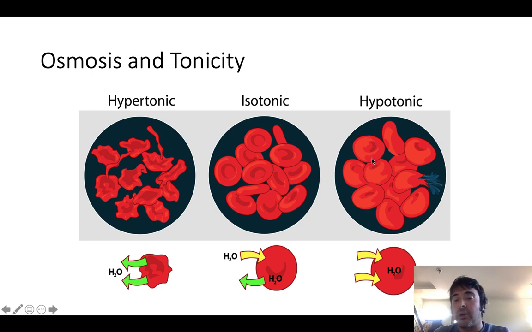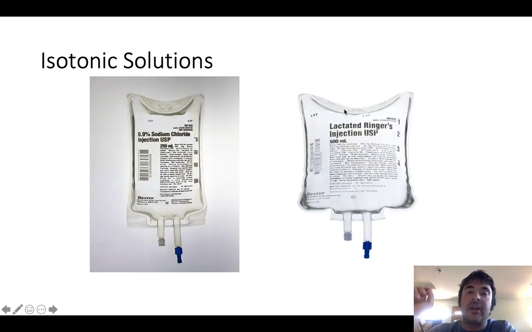Any solution in which you place a cell that causes water to rush into the cell, causing the cell to swell and potentially burst, is called a hypotonic solution. So if I ask you to characterize a solution with respect to tonicity, I'm asking, is it hypertonic, isotonic, or hypotonic?